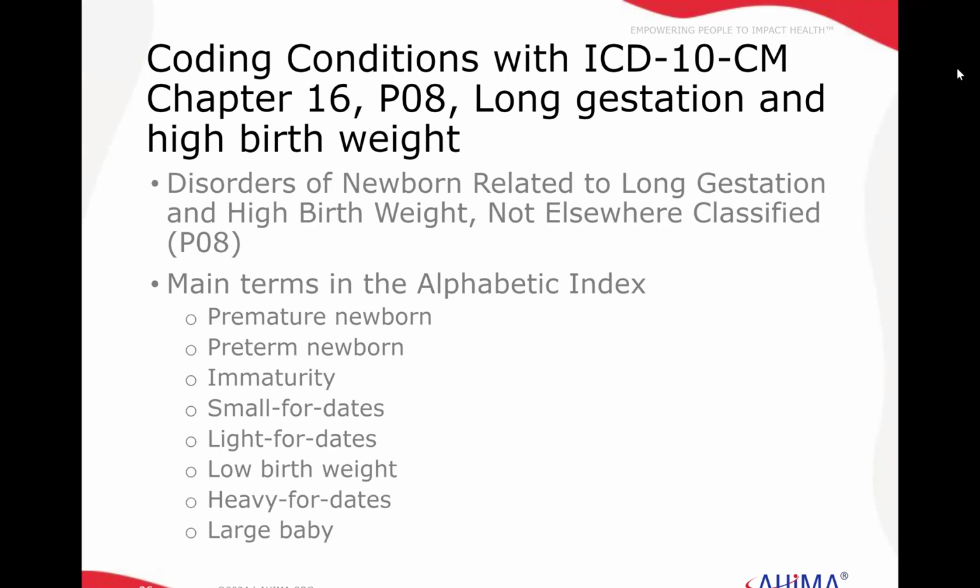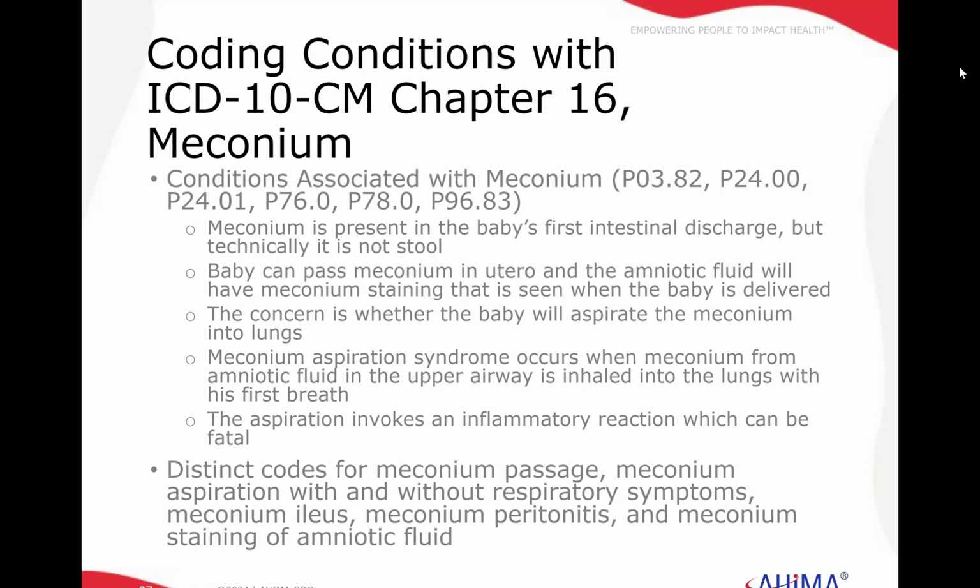Again, really important, please pay special attention to these main terms: premature newborn, preterm newborn, immaturity, small for dates, light for dates, low birth weight, heavy for dates, and large baby. And again, we can have conditions associated with meconium, which is a sign of fetal distress, P03.82, P24.00, etc. Right?